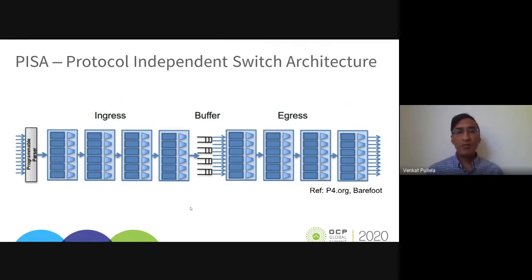This is maybe familiar to you from P4. It's called PISA. It's a protocol independent switch architecture. Just like the model we talked before, there's an ingress pipeline, buffers, and egress. A couple of characteristics of this is you see these stages that are cookie cutter type. They're all same size, same amount of resource allocation.